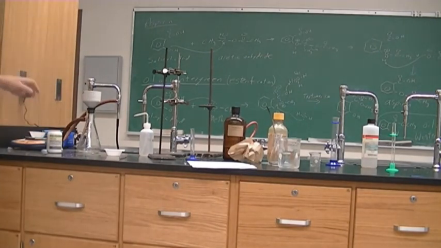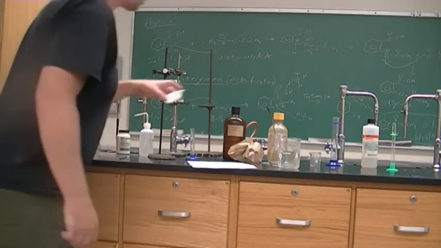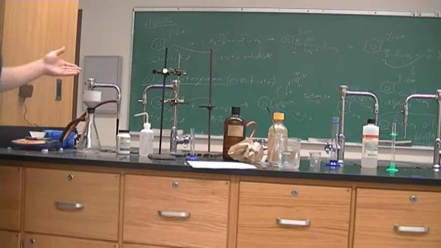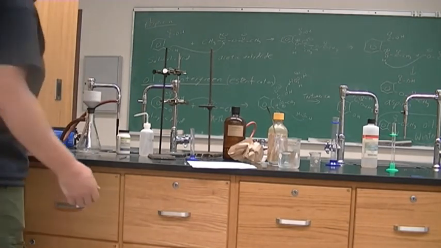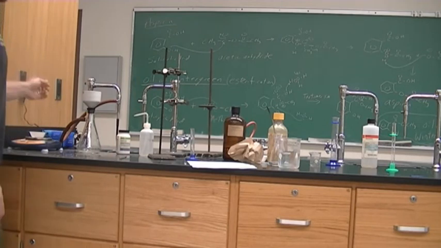We're going to put our product in here, except I'm not going to give a mass. I'm going to push the 0 mark, so it has zeroed out our weigh boat. Then I'm going to scrape our product into there and weigh it again, and we will have our mass of aspirin.